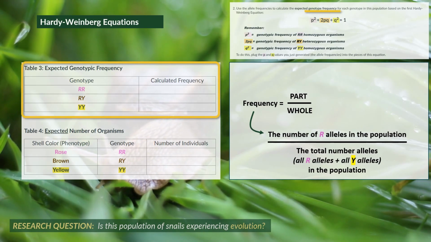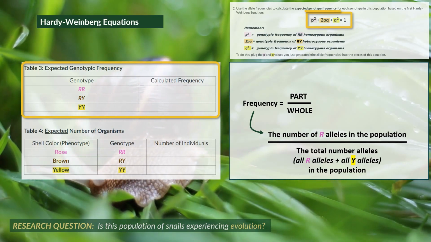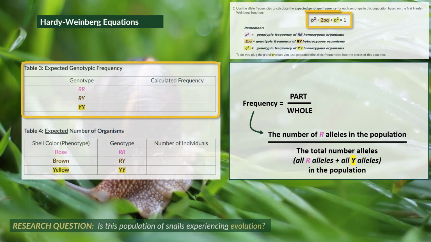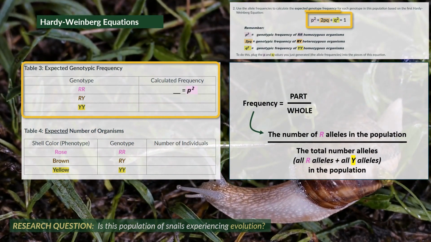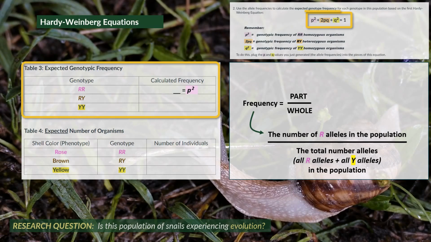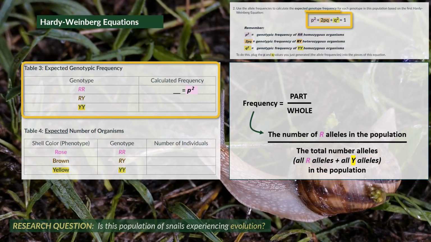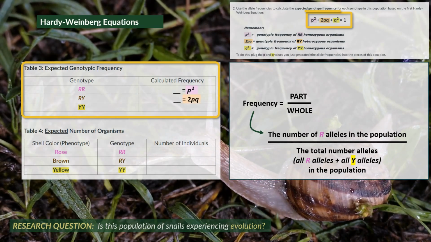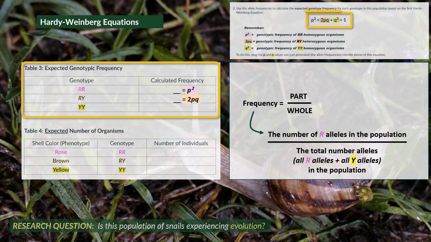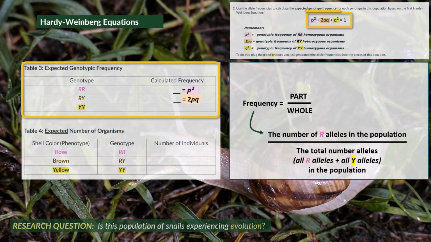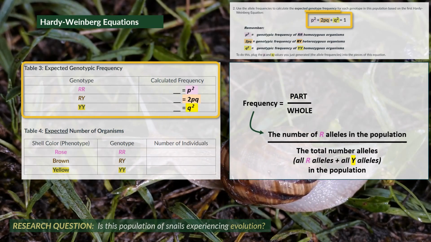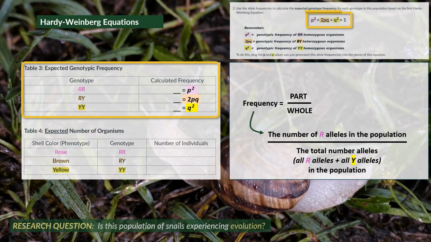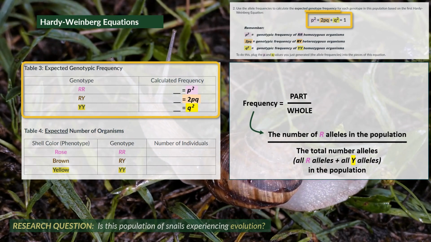You're going to do this using the first Hardy-Weinberg equation of P squared plus 2PQ plus Q squared equals 1. Remembering that P squared represents our genotypic frequency of RR homozygous organisms, 2PQ represents our genotypic frequency of the RY heterozygous organisms in our population, and Q squared represents the genotypic frequency of YY homozygous organisms in our population.